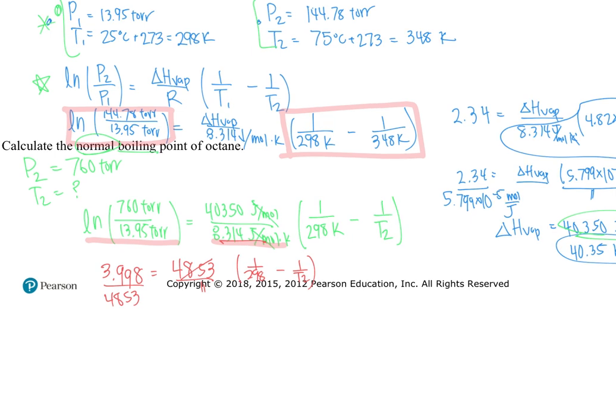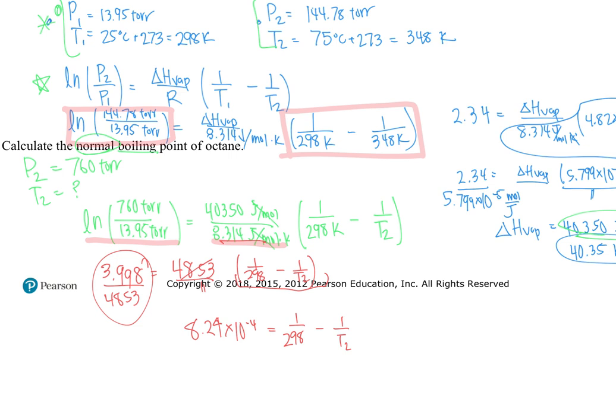Cancel that out. So 3.998 divided by our answer, we get this equals 8.24 times 10 to the negative 4, and it's going to equal this thing, 1 over 298 minus 1 over T2. All right, so 1 over 298 is a number.